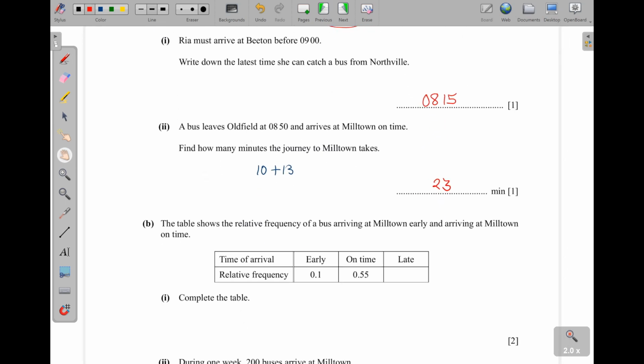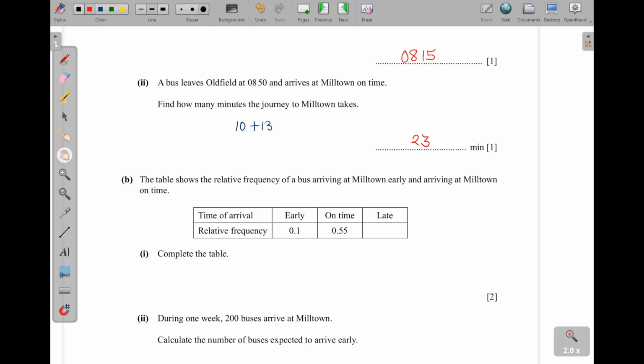Okay, the next part B, the table shows the relative frequency of a bus arriving at Milltown early and arriving at Milltown on time. And if they are talking about relative frequency, it's the same as probability. The number of times something has happened out of the many times the experiment has been done. That is what we call relative frequency.